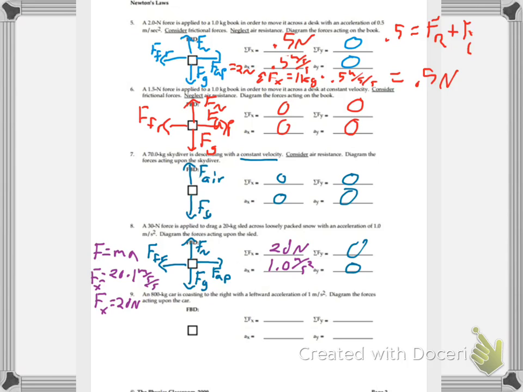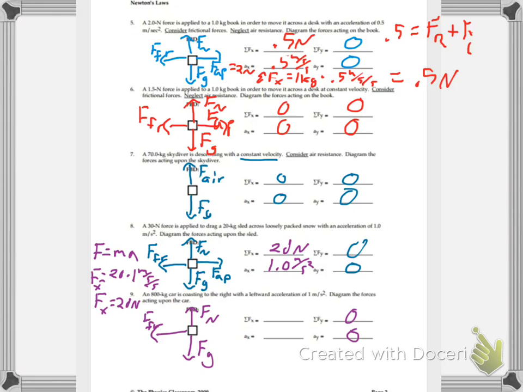And the last one, we have, again, force due to gravity, normal force. It's coasting to the right with a leftward acceleration, so friction to the left. So the sum of forces in Y is 0, acceleration is 0.